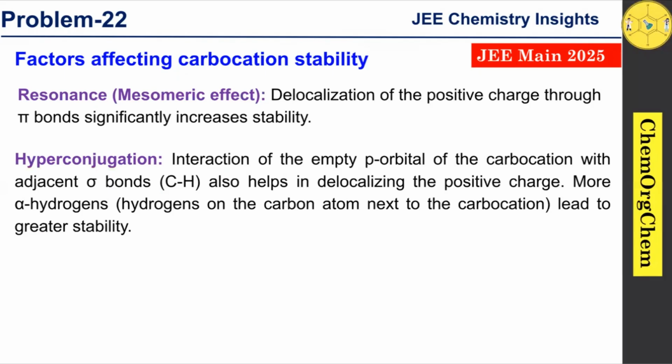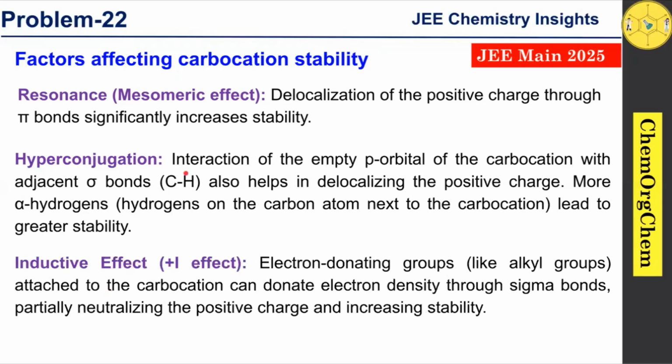We know that a carbocation contains an empty p orbital. Therefore, nearby C-H bonds can effectively stabilize the carbocation. The final one is the inductive effect, more specifically the plus I effect.